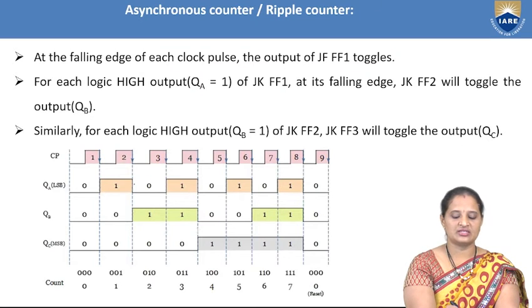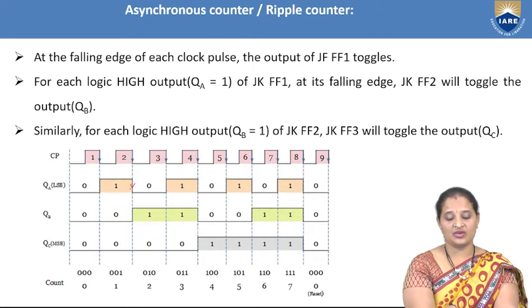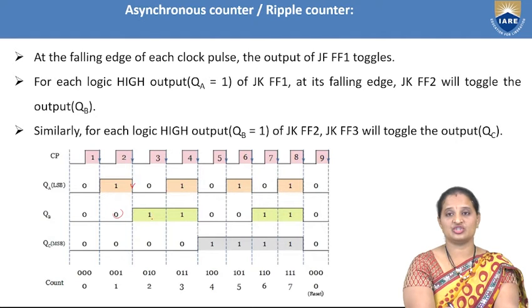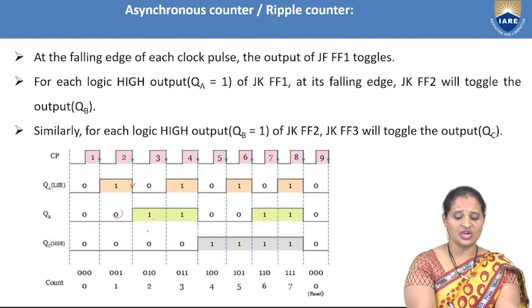During the next negative edge, it will change from 1 to 0. Now we have a negative edge here. As we have a negative edge, the output of the second flip-flop will be toggled, which is the complement of the present state. The present state is 0, and hence it changes to 1. So what is the transition we have in the second flip-flop? 0 to 1. Is it a negative edge?